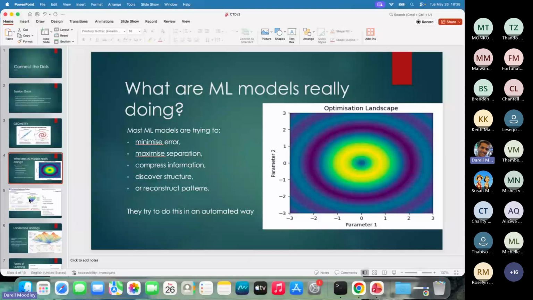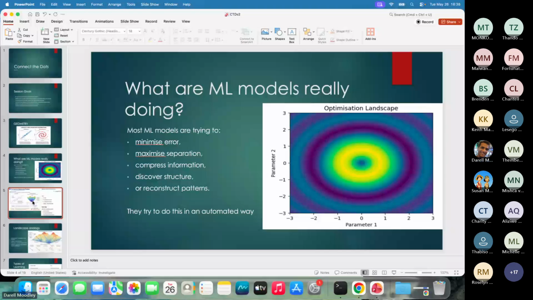A lot of the algorithms have been in place a long time ago, but a lot of them just didn't get popular and get used as frequently as they do now, because we have computational resources that are much better than in the past. And ML models are able to leverage that. And with the amount of data that we have these days, which is a large amount of data, we're able to get very valuable information from that.